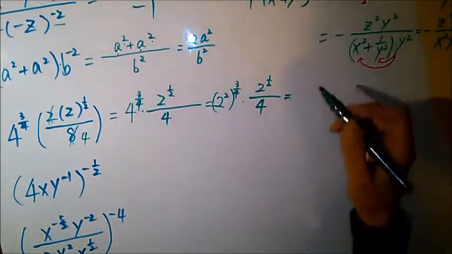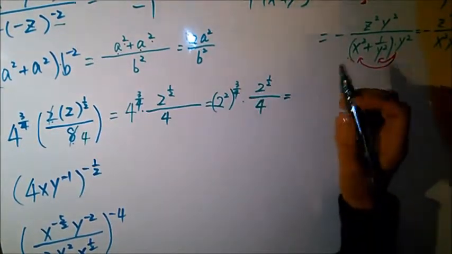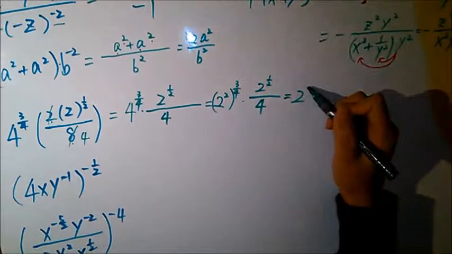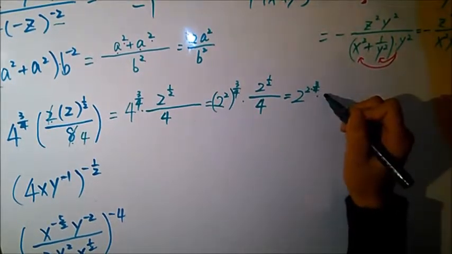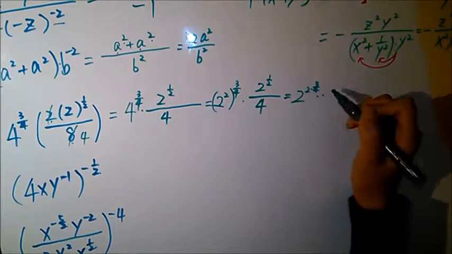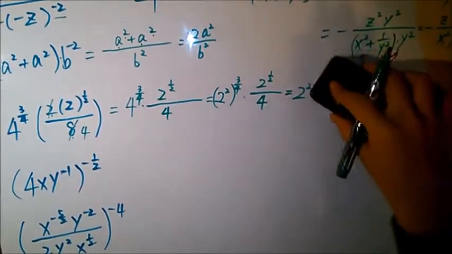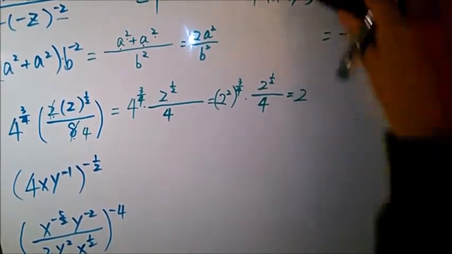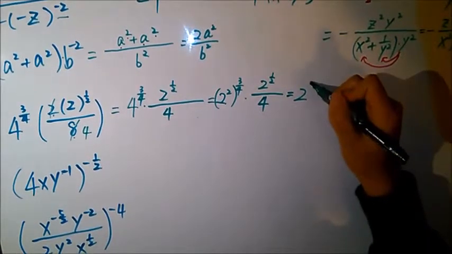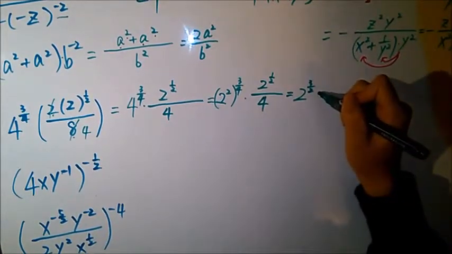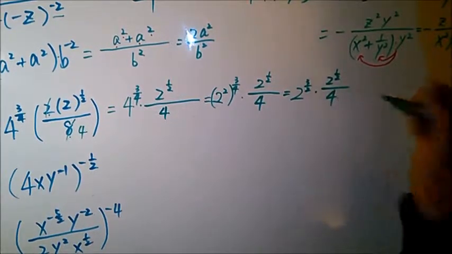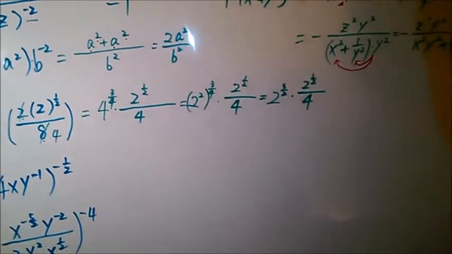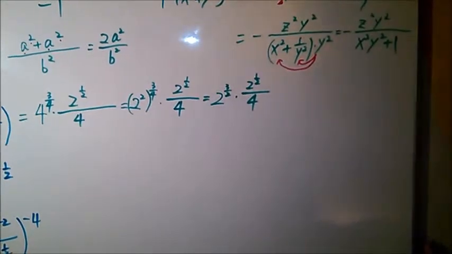And then we're going to distribute 3 to the 4th power. We're going to use the power rule for that left term. 3 over 4 into the 2. So 2 times 3 over 4 is going to be 3 over 2. Okay, 3 over 2 times 2 to the 1/2 divided by 4.